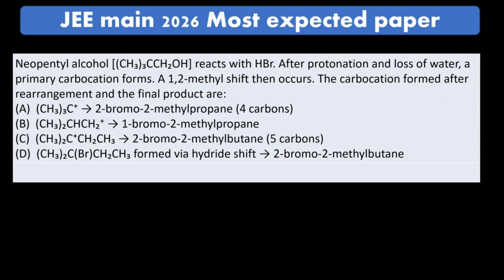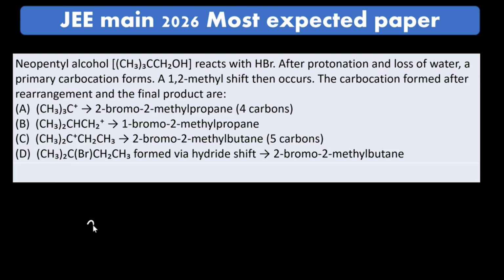Then the next one: neopentyl alcohol reacts with HBr. After protonation and loss of water, a primary carbocation forms. A 1,2 methyl shift then occurs. The carbocation formed after the rearrangement and the final product are.